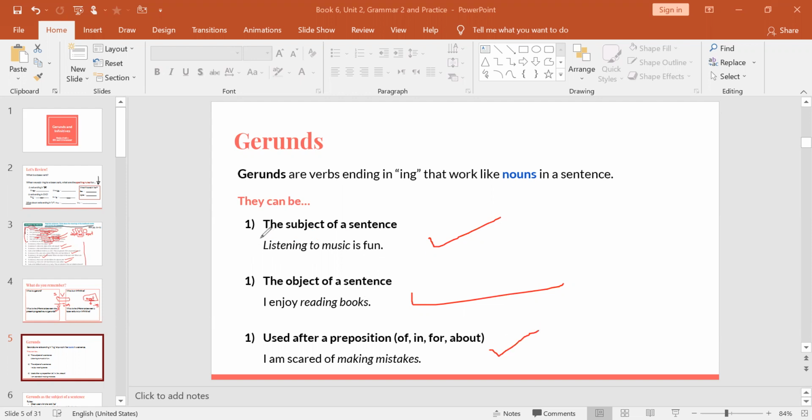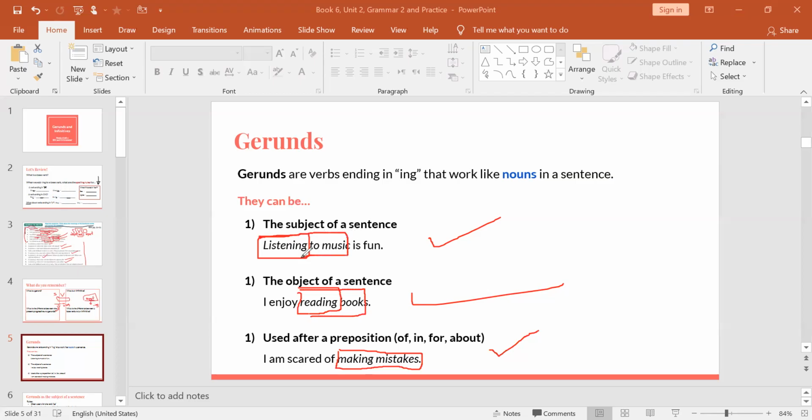And so listening, reading, making mistakes, these are all functioning as nouns. Okay?